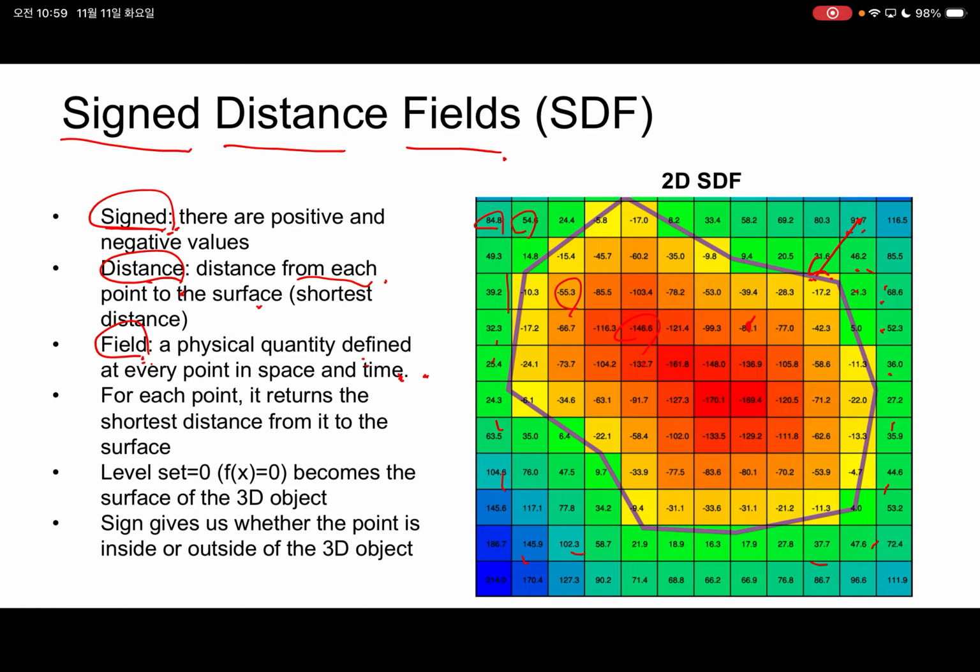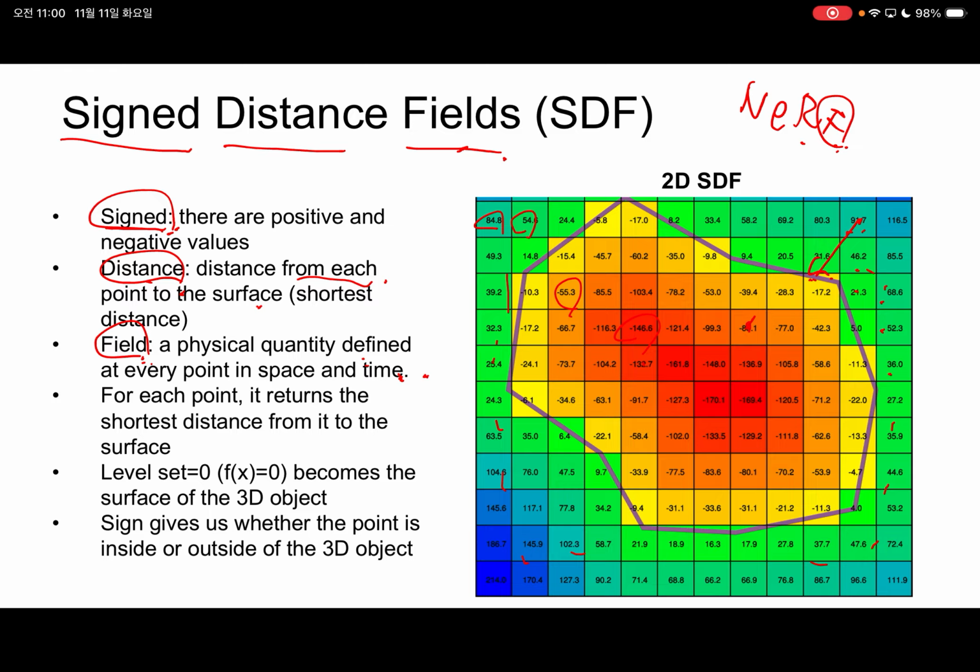There can be many fields. Signed distance field is just one example of a field. There are many fields in physics, math, or AI. NeRF is also a field, and we will study NeRF later. Here, F is field, neural radiance field.